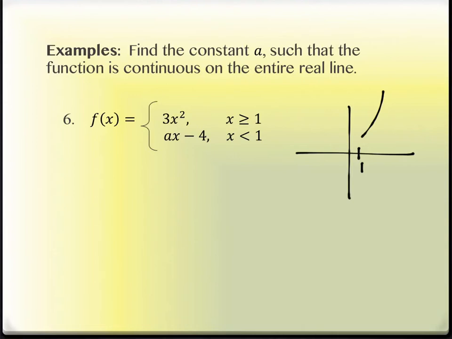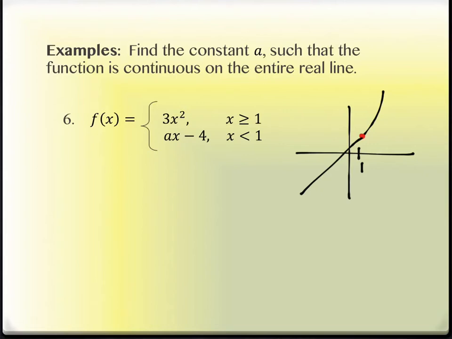So yes, I have a line, but maybe the line looks like this, and there's a jump right there. Or maybe the line looks like this, and there's a jump. Or maybe the line looks like that, and there's a jump. I don't know. But what I really want is a way to take whatever that line is and shift it up and down so it matches, and I end up having something like that.